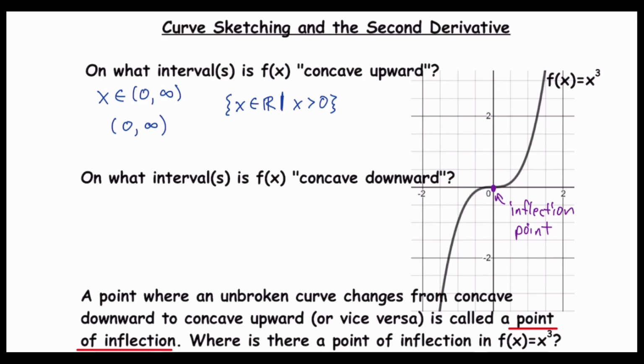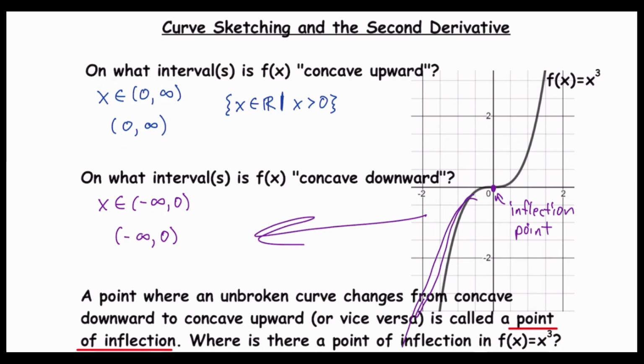So what is our interval of downward concavity going to be? Once again, I'll write it in a few different ways. We can either say x is an element of negative infinity to 0, or we can just write negative infinity to 0. So basically, I can go as far to the left as I want, and it's always going to be concave down.